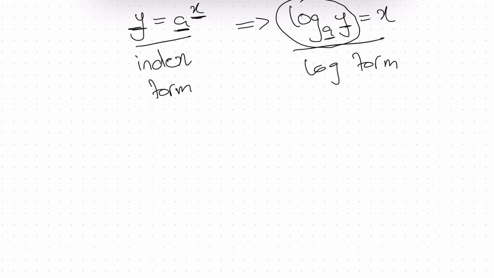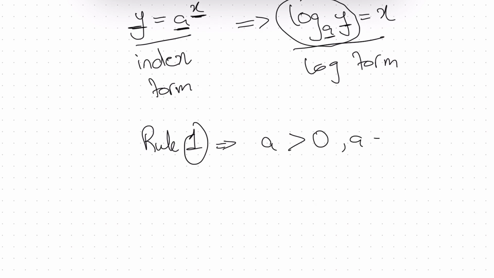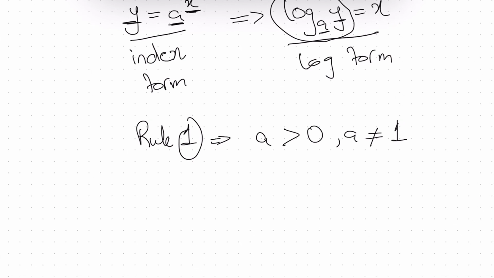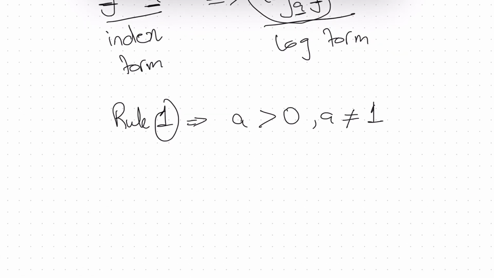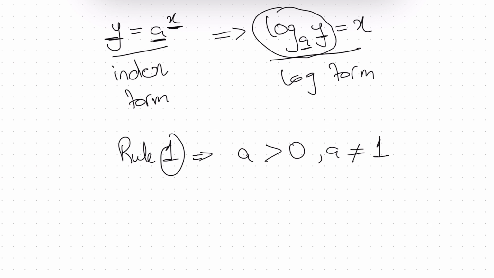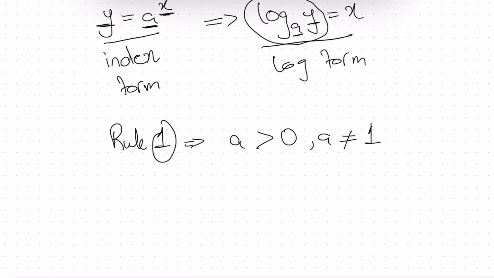Now, logarithms have certain rules. Okay, so rule number one, okay, that is that a should be greater than 0 and a cannot be equal to 1. Okay, so a should always be a positive value and a should not be equal to 1. Okay, why? Let's just try this out and we'll know.